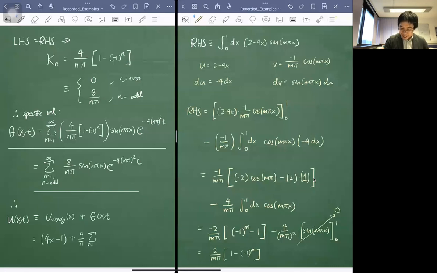We'll pull that out since that has nothing to do with n. And we have 1 minus minus 1 to the power of n, over n, times sine n pi x times e to the minus 4 n pi squared t. Okay, so that's your very final solution for u.